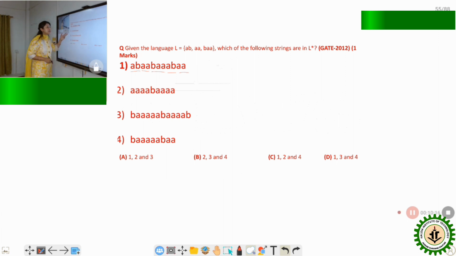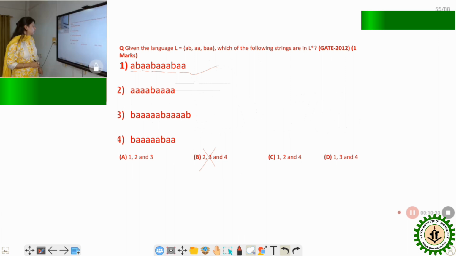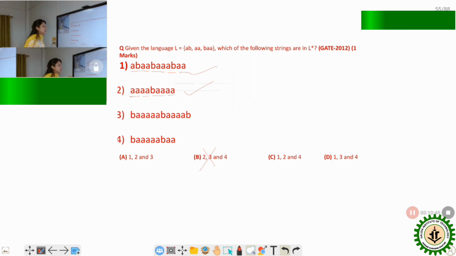That means this string is present in L star. So it will be then 2, 3, 4 is not containing 1. Now every option has 1. Now comes to 2. Again, AA is present, BAAA is present, and AA is present. That's why it will be present in L star.